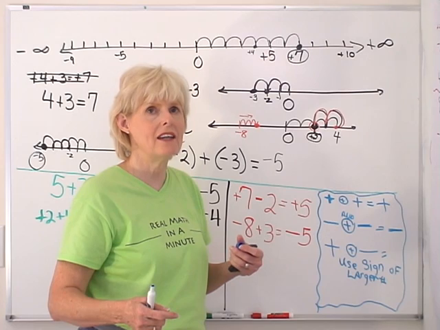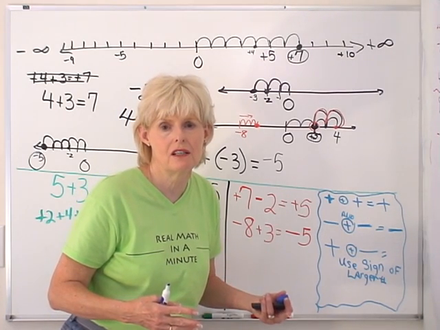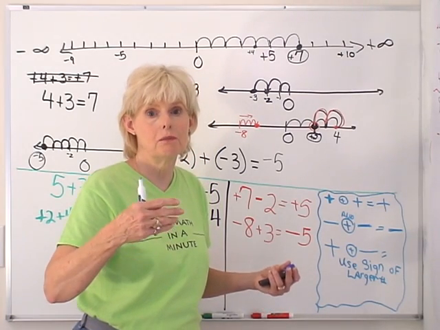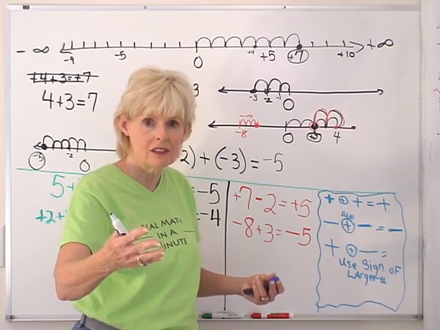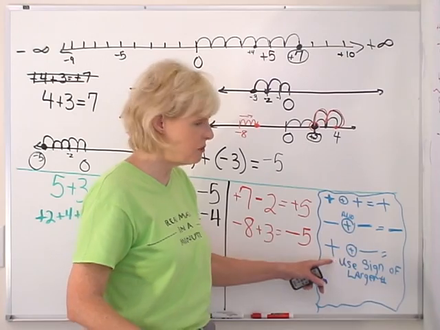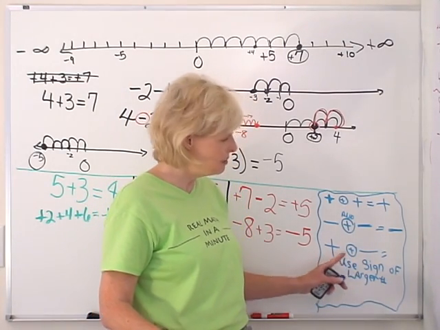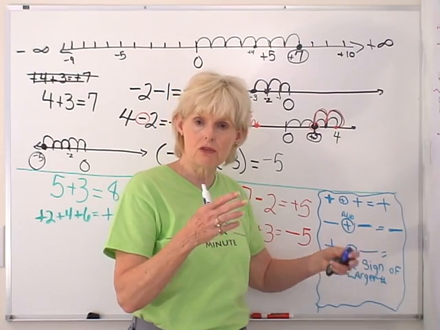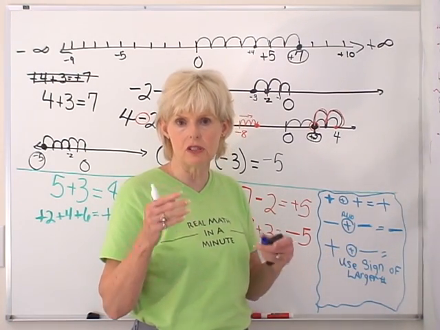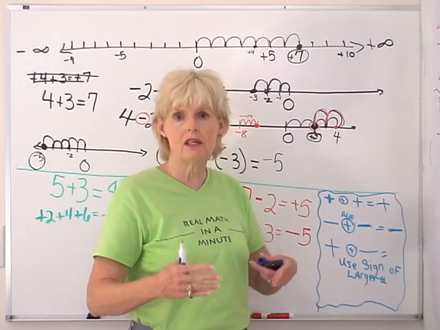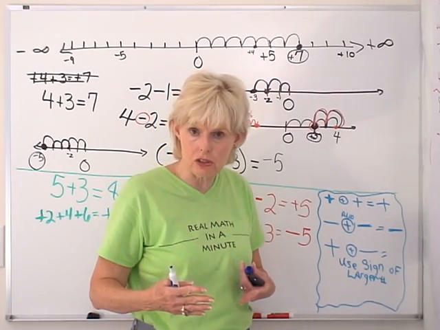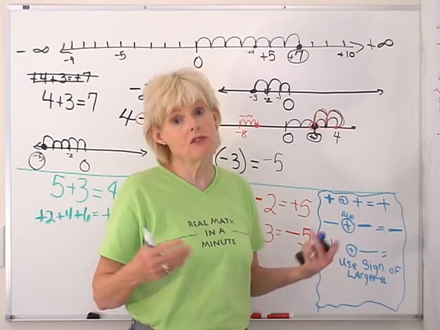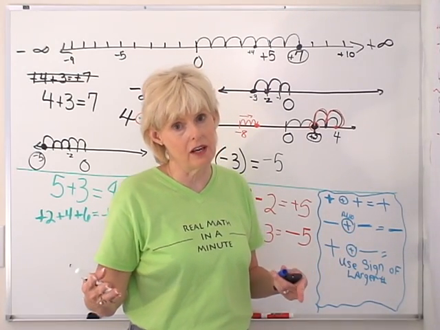Okay, if I'm adding a negative 3 and a positive 7, it's going to be positive, right? So you see, if you've got different signs, you can't say for sure whether it's going to be positive or negative until you get the numbers in place. And whichever one is larger, it's going to take you to that side of the number line. So it's the sign of the larger every time.